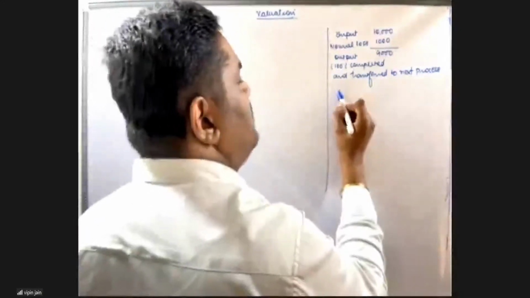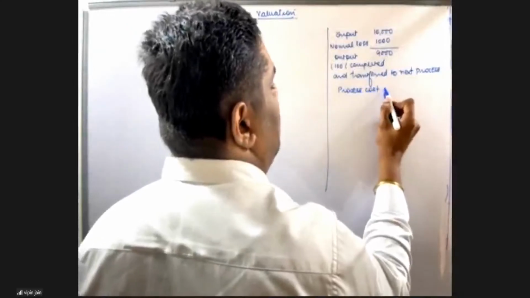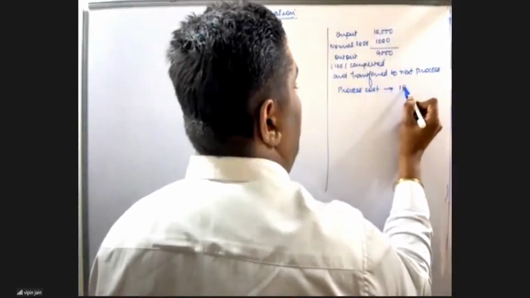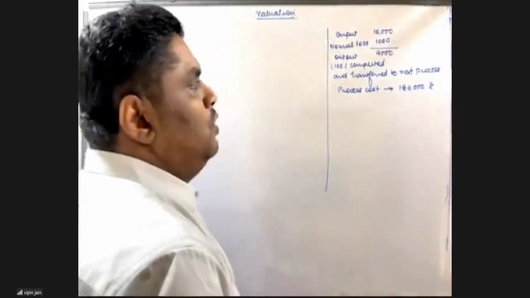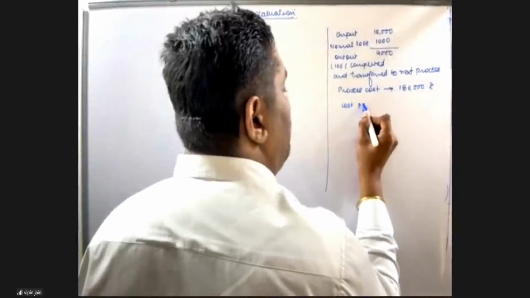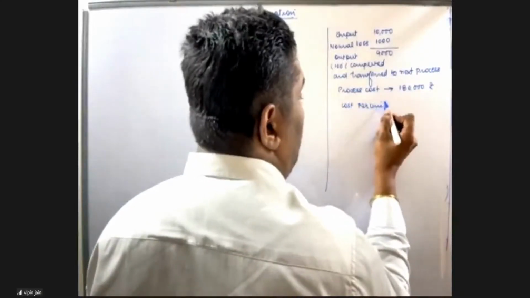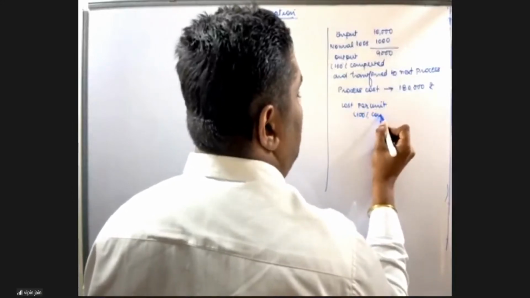Further, my process cost is, let's say, 1,80,000. So we can easily calculate the cost per unit that are 100% complete.